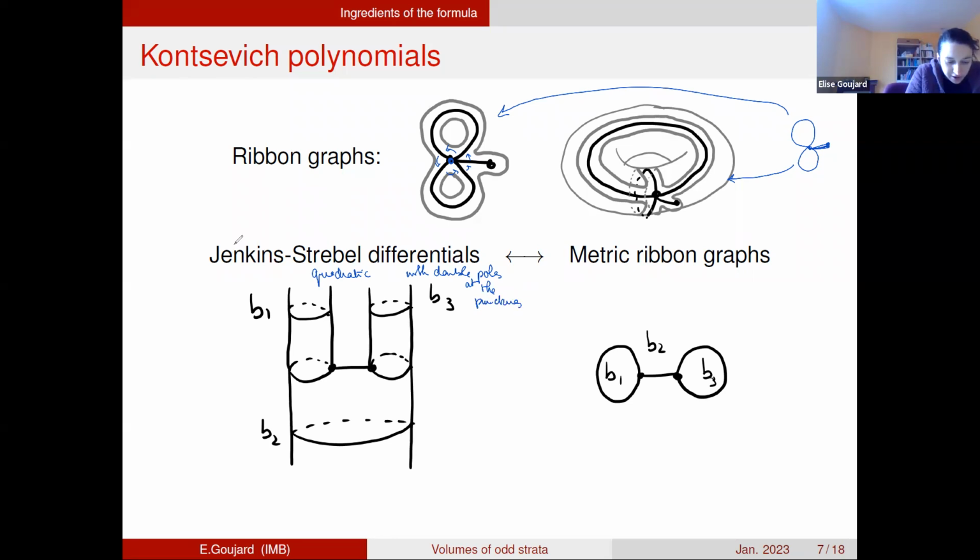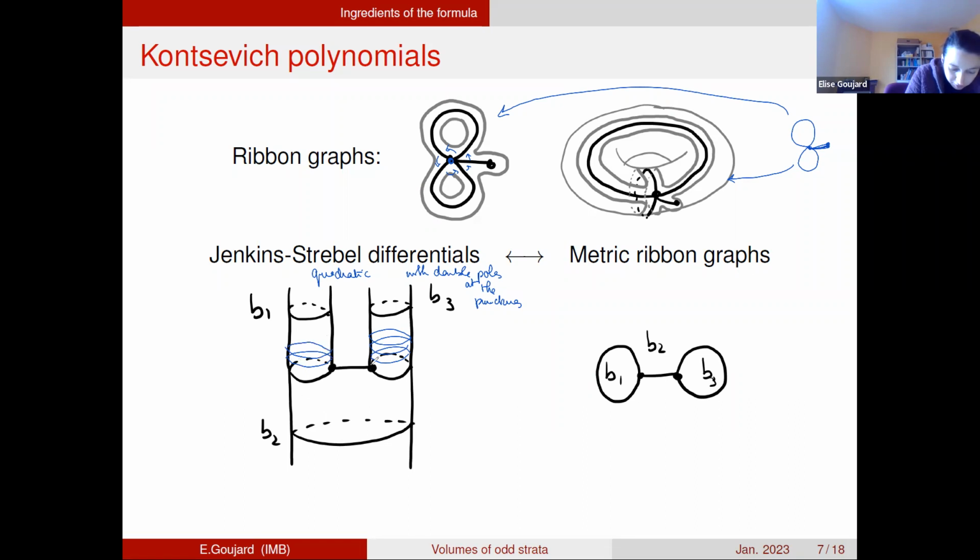And when I say Jenkins-Strebel, I just mean that all horizontal leaves, or the leaves of the horizontal foliation defined by the quadratic differential, are closed.